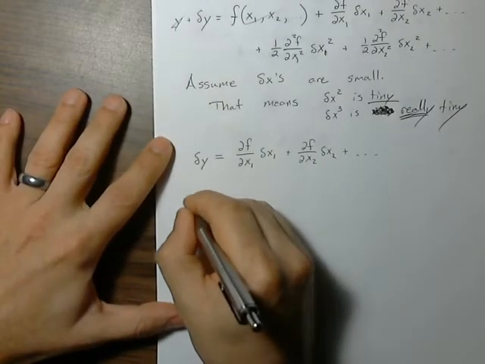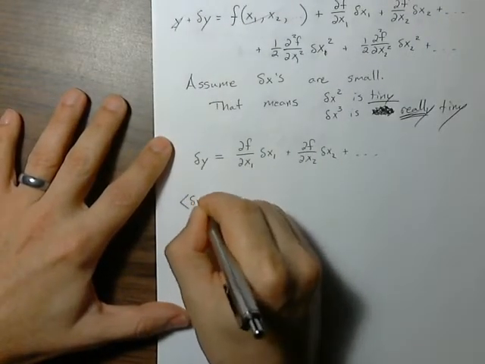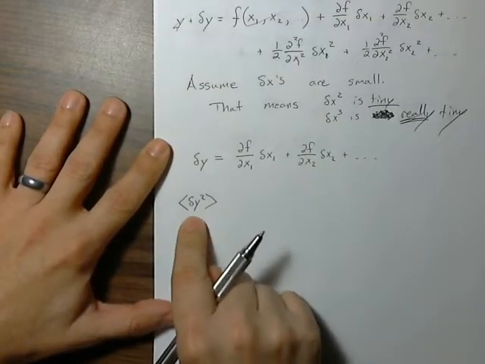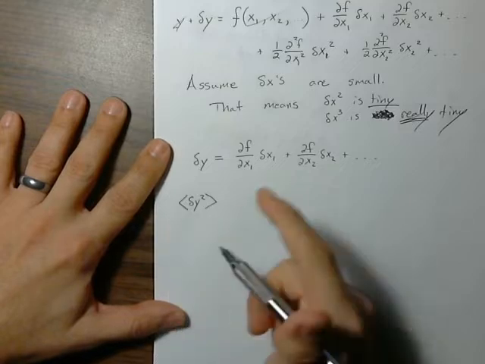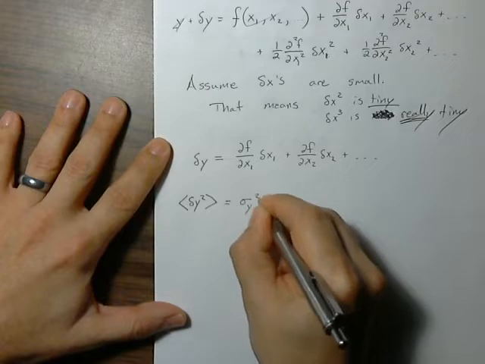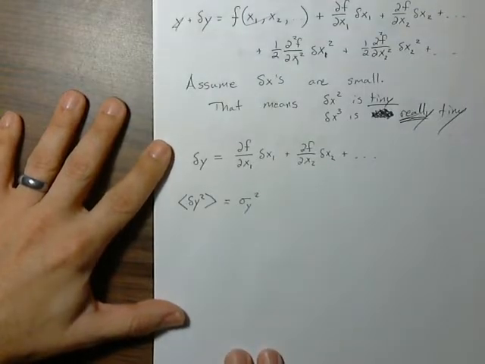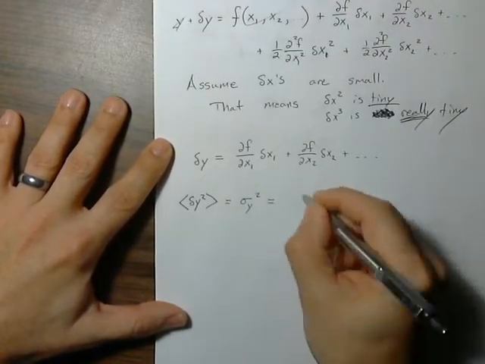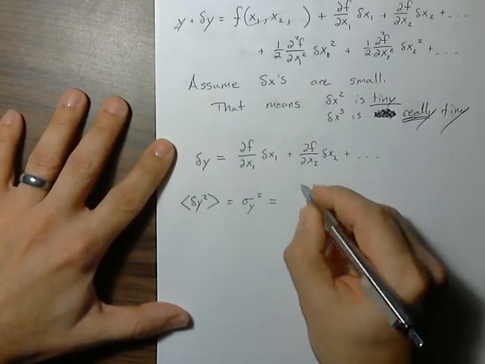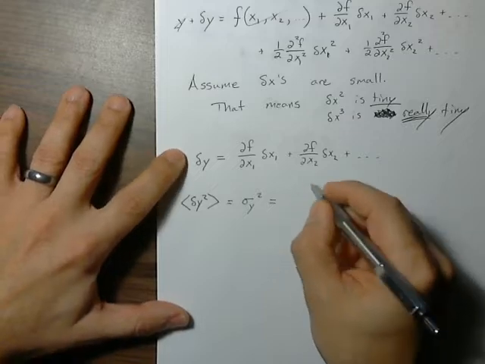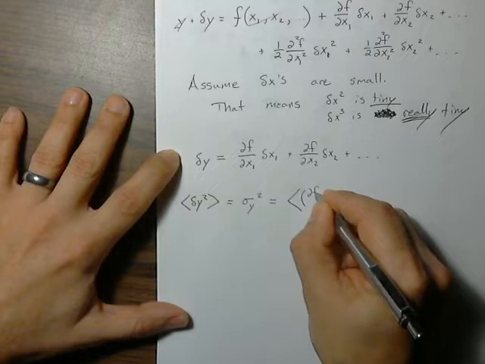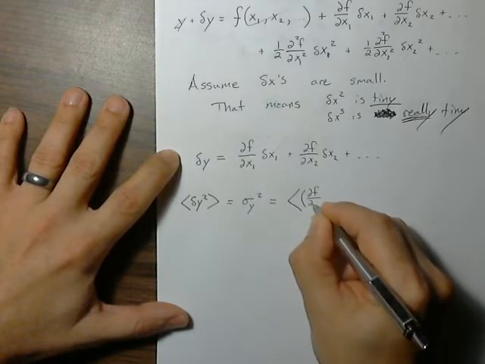We can say, so what is, we can take the expected value of delta y squared, and this will be the variance in y. Cool, so let's do that. So the expected value of delta y squared is, this is fun. So let me actually write out delta y squared.